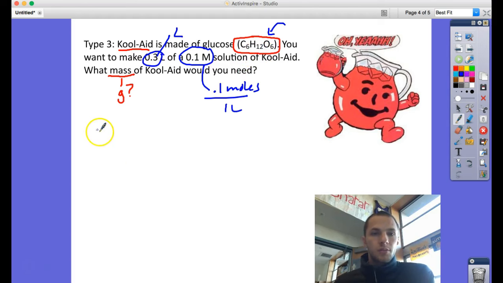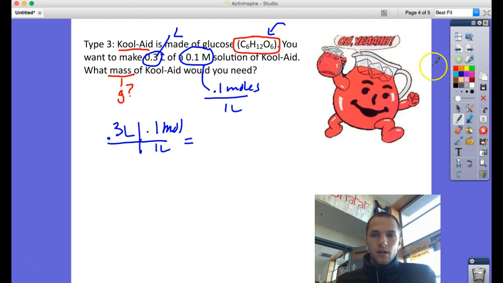So similarly as before, if I want to make 0.3 liters and I want 0.1 mole in every 1 liter, I do 0.3 times 0.1, and I'm going to realize that I need 0.03 moles of Kool-Aid. Great, done. Nope, not yet, because the problem is asking for mass in grams.